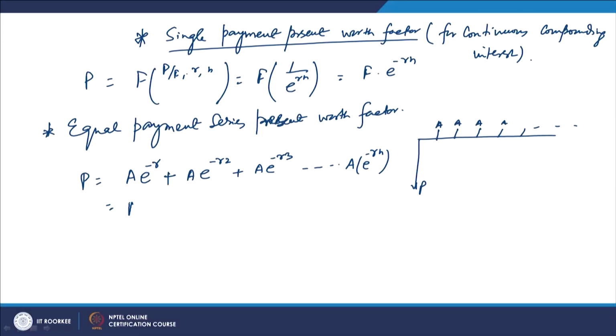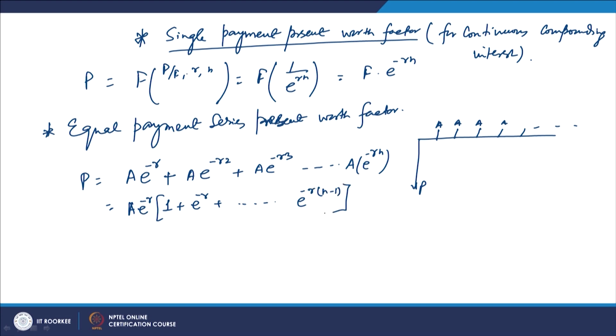So, this series basically is a geometric series. You can take A e raised to the power minus r as the common factor. So, you will get 1 plus e raised to the power minus r, and so on up to e raised to the power minus r into n minus 1.